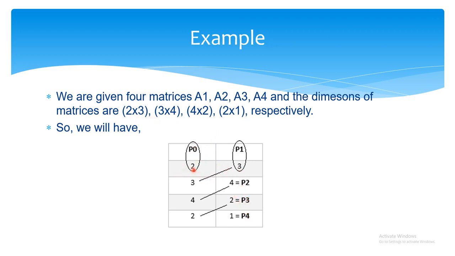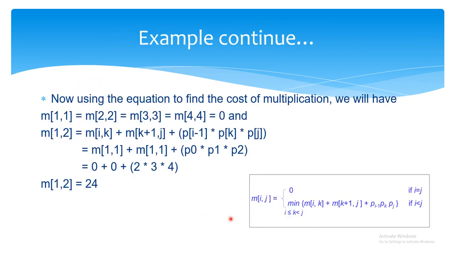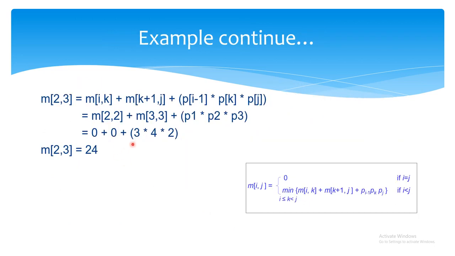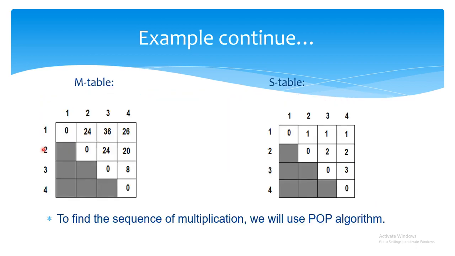If the values are given like 2, 3, 4, 2, 1, you have to understand that the dimension of the first matrix is 2 cross 3, the second matrix is 3 cross 4, the third matrix is 4 cross 2, and the fourth matrix is 2 cross 1. Same way, if you put all these values here, you will get M23 equal to 24, and at that point of time the value of k was 2, that's why I have written 2 here.